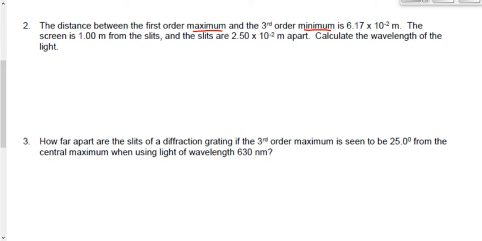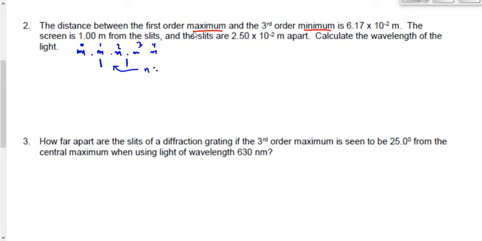Let's get the value of n here first. Central, first order bright spot, second, third. We're looking for the first maximum and the third order minimum. 1, 2, 3, third order minimum. n is going to be equal to what? What is it? 1.5, good.